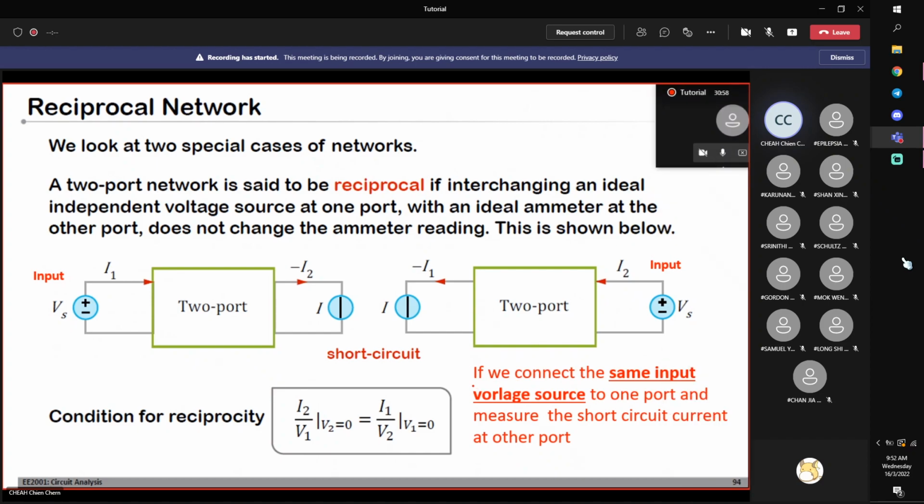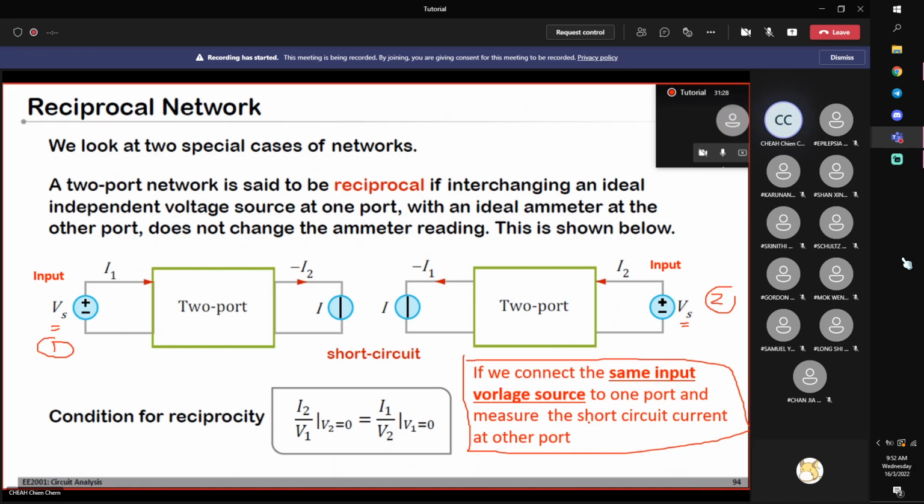Firstly, take note of this comment over here. If we connect the same input voltage source to one of the ports, that means if you put it at port 1 for one experiment, and you do it at port 2 for the other experiment, notice that they must be the same voltage source. For example, if you put 1 volt, then the other side should be 1 volt.